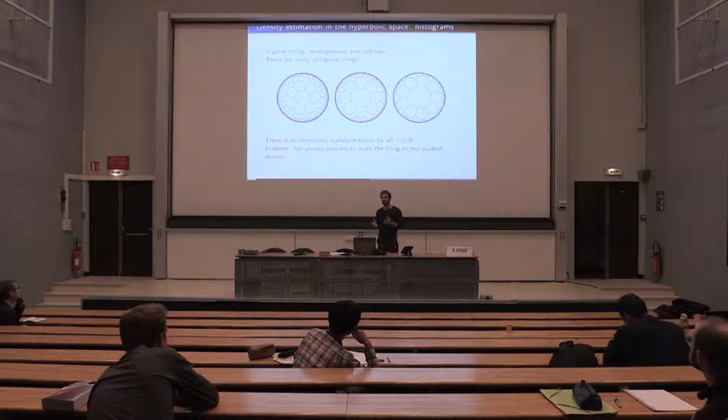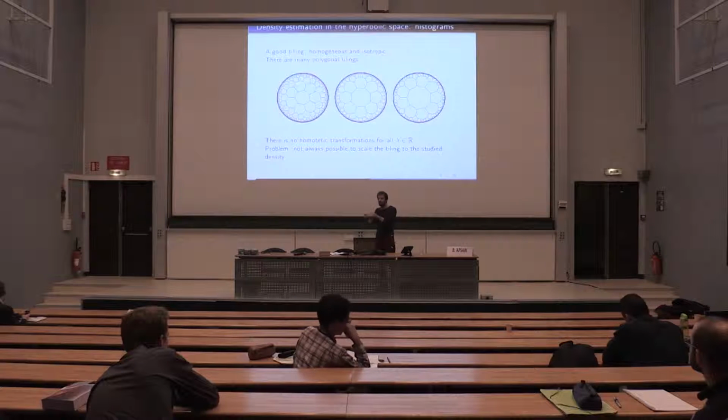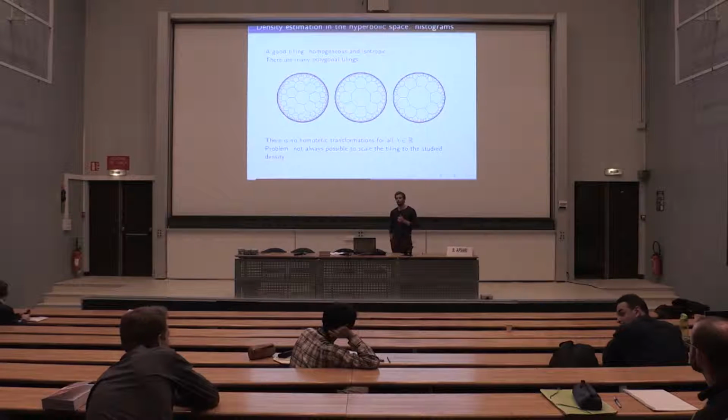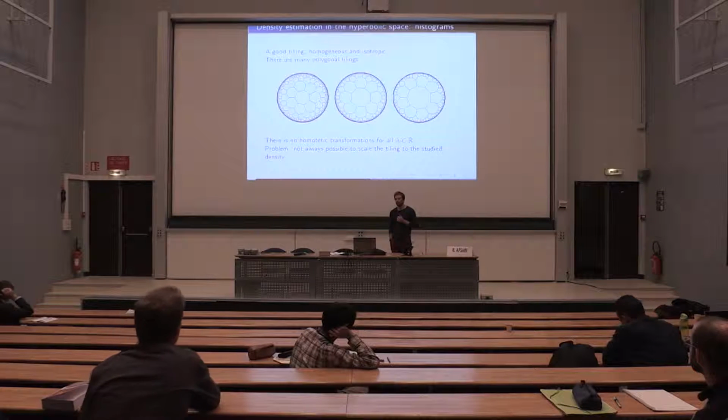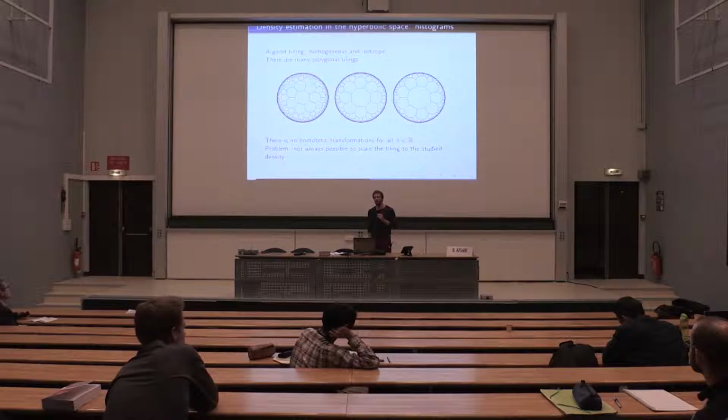Do you see what I mean? If you have a square tiling of the Euclidean space and the coordinates of a point, you can directly identify in which square it lies. And that's not the case here. So there is no easy tiling starting with a circle in the center, because if you scale, you change the number of sides of your polygons.